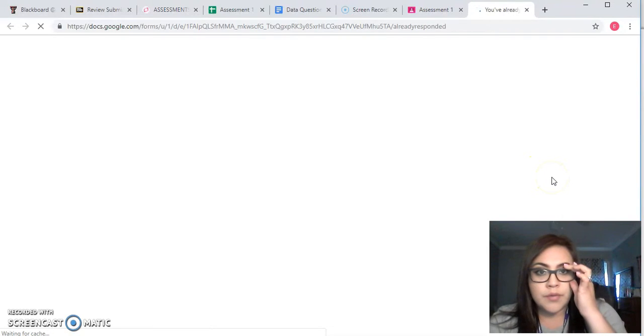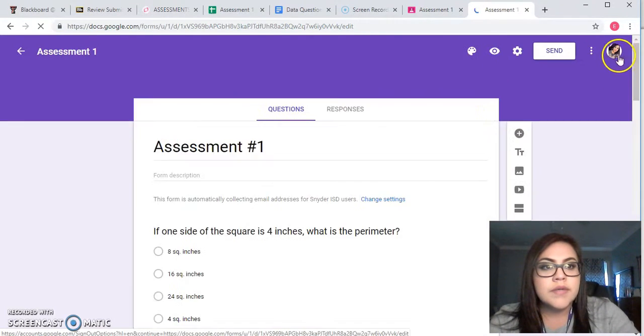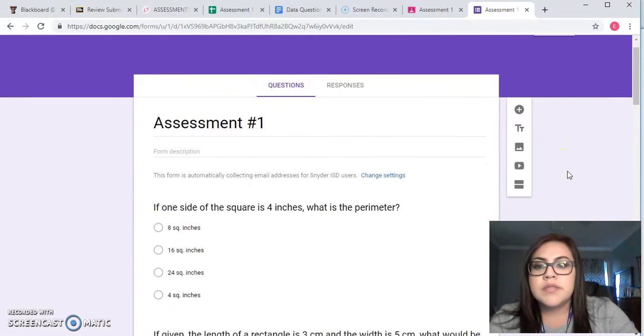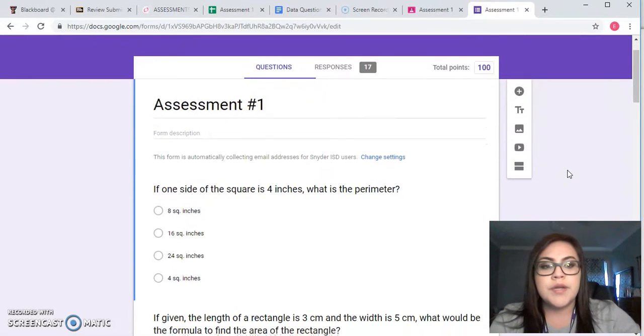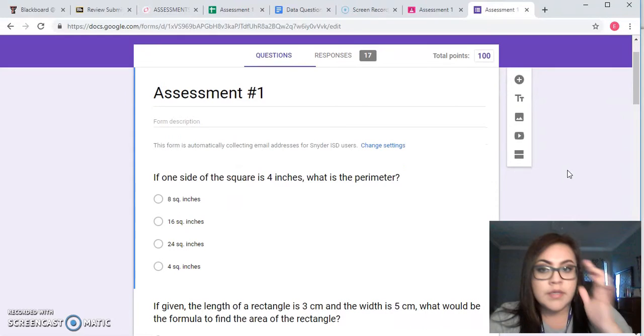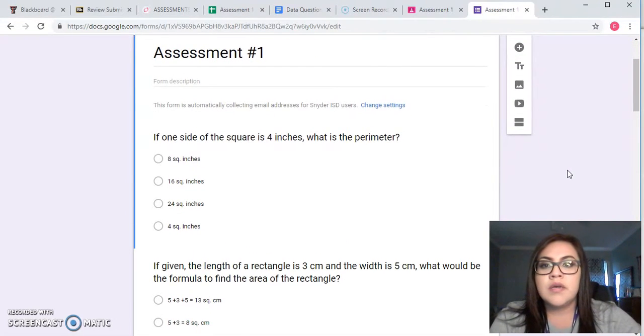I can go through and read you the questions, that way you know. My placement was math, social studies, and science. We worked pretty hard on math, and this is the assessment I had for them when we were doing the unit of perimeter.